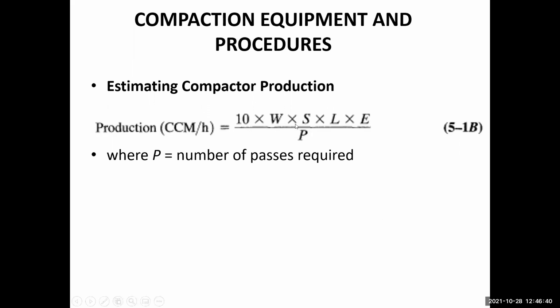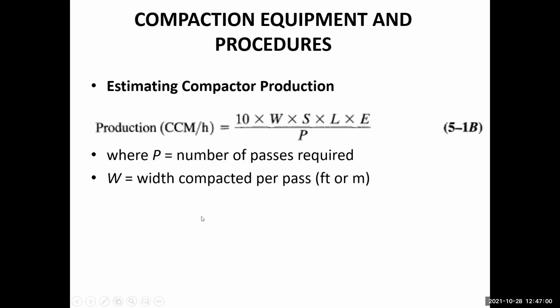That means the more passes required, the fewer compacted cubic meters per hour. If we need more passes, our compactor production will be less.